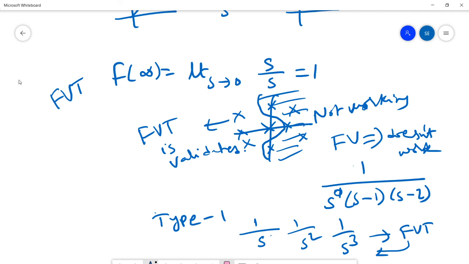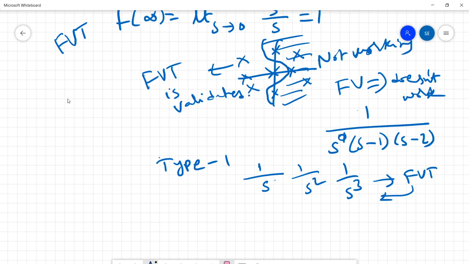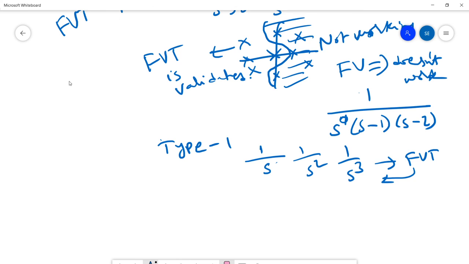Then type 2 and higher order: what is happening if you are applying for type 2 or higher than type 2? Type 2 means 1 by s square. Final value for 1 by s square means final value f of t is equal to limit s tends to 0, s by s square or s cube or whatever you apply here, and what happens?